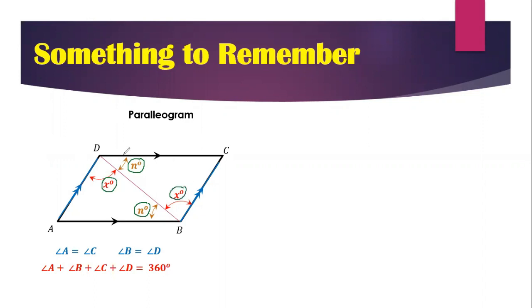The concept is because line AB is parallel to line DC, and line AD is parallel to line BC.